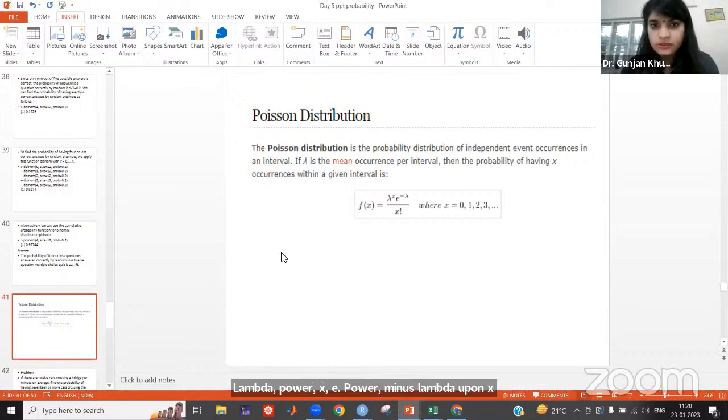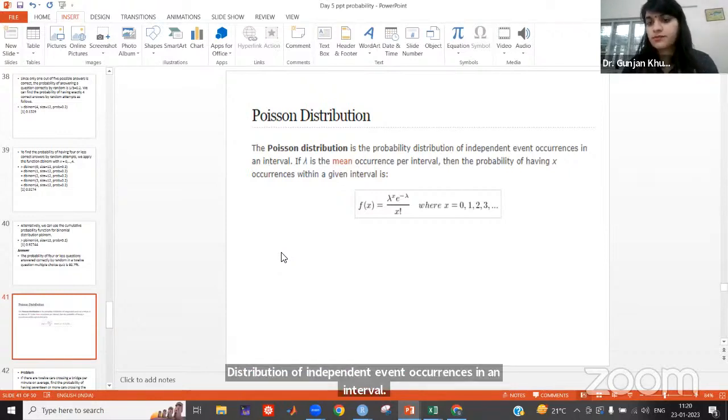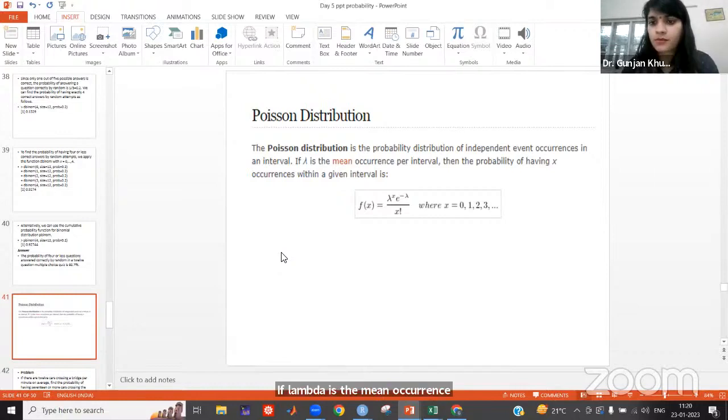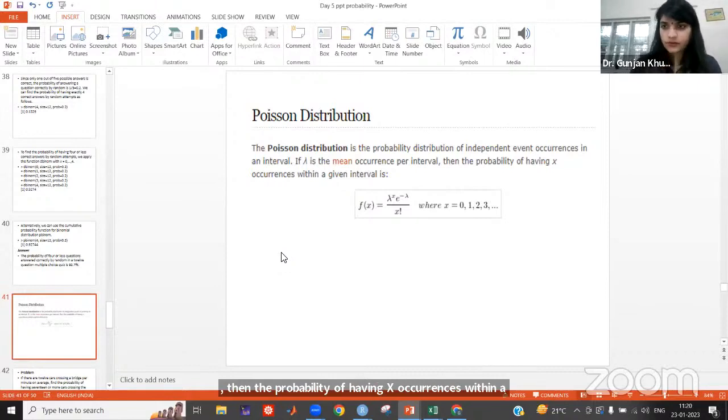The Poisson distribution is the probability distribution of independent event occurrences in an interval. If lambda is the mean occurrence per interval, then the probability of having x occurrences within a given interval is given by this formula. All of you must have studied the Poisson distribution somewhere.